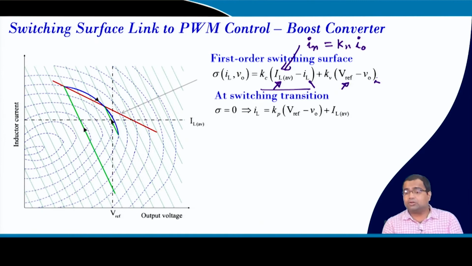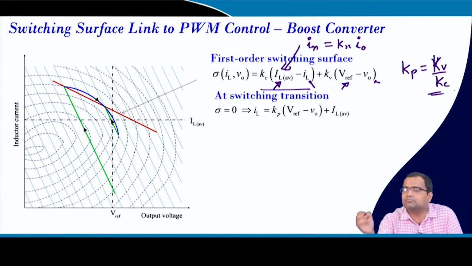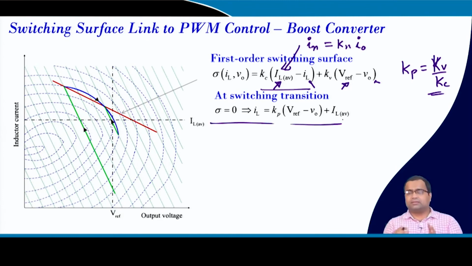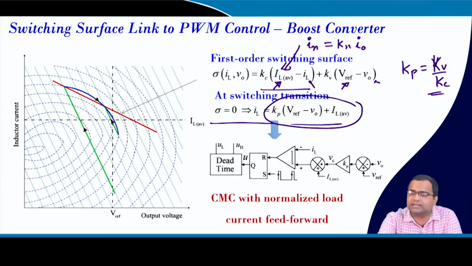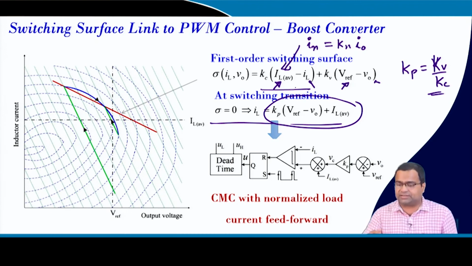And if we normalize, what is my Kp? It is Kv by Kc. Normalize, then you will get this switching surface, and in this switching surface, IL is equal to this, because you have taken it at the point of switching, at the switching transition.